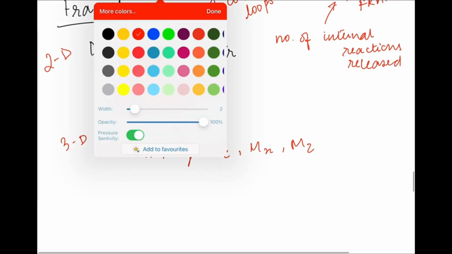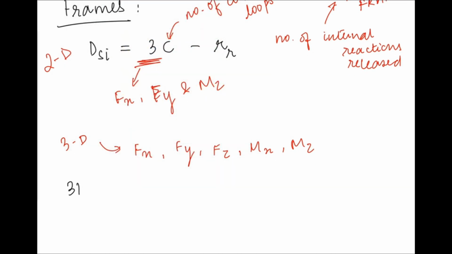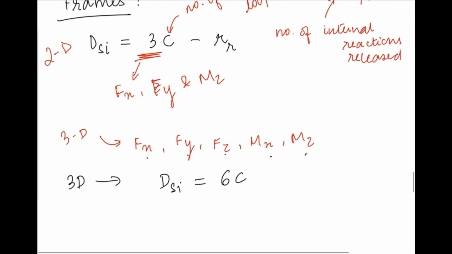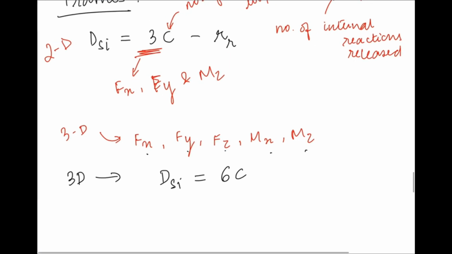For a 2D structure. Now if it was 3D, the equation for internal static indeterminacy in case of a 3D frame would be 6c, since there are 1, 2, 3, 4, 5 and 6 forces. Sorry, 6c minus r, the internal reactions released.